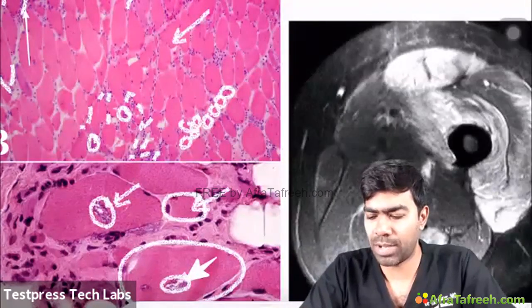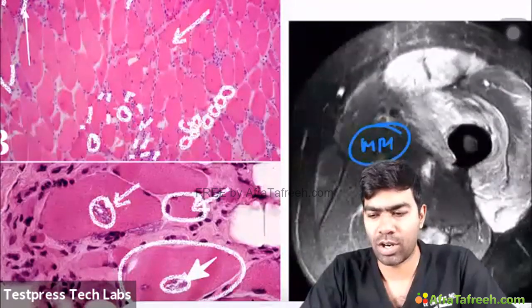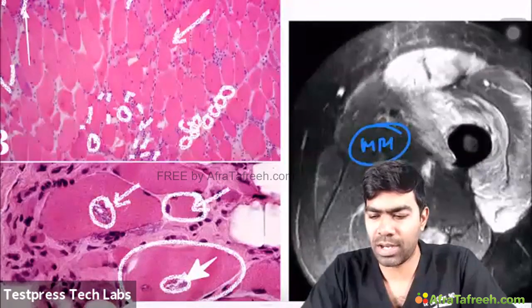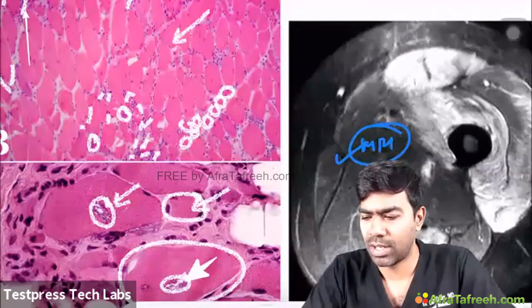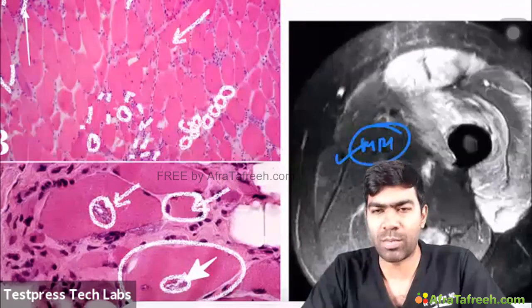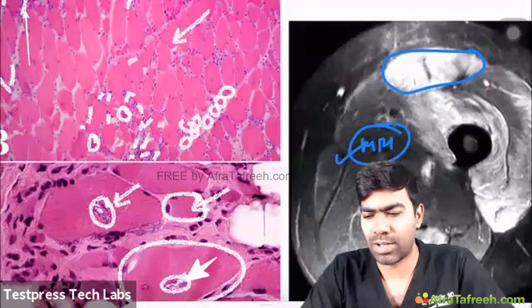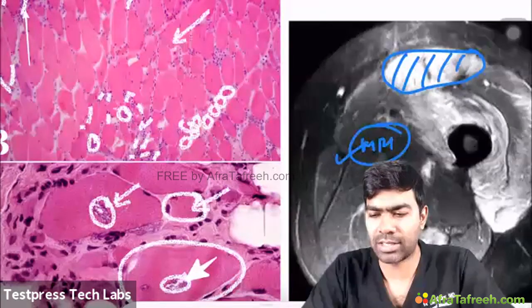And this is a muscle MRI. If somebody asks you whether MRI is important or not, it's not important for diagnosis, but MRI can tell you the area of significant inflammation. For example, in this particular patient, I'm having a significant amount of inflammation probably in the quadriceps area. So I can tell that probably this is the correct site for biopsy.